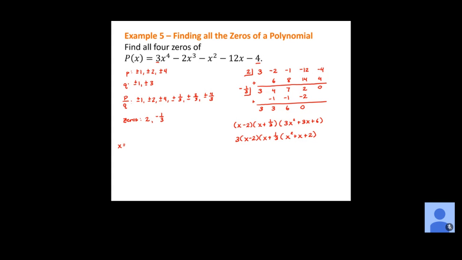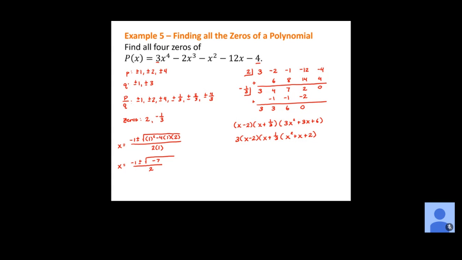So we're going to have x equals negative b, it's going to be -1, plus or minus the square root of 1 squared minus 4 times 1 times 2 all over 2 times 1. Now we simplify that. So that's going to give us -1 plus or minus the square root of 1 minus 8, so that's -7 over 2.